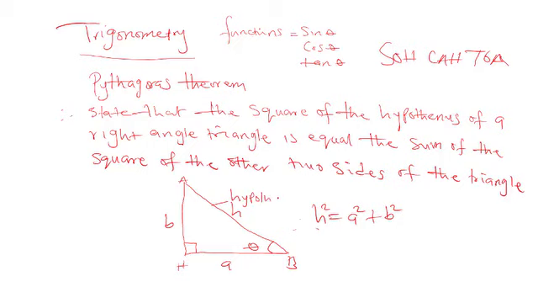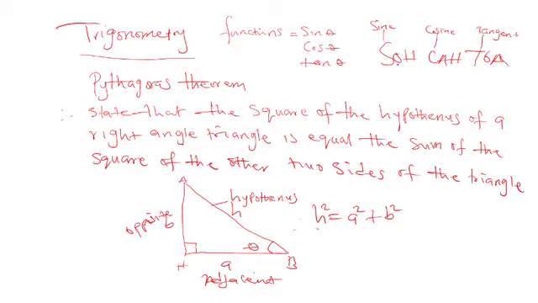The side facing the angle is called the opposite, and the other side is called the adjacent. Using SOH CAH TOA, the first letter in SOH stands for sine, the first letter in CAH stands for cosine, and the first letter in TOA stands for tangent.